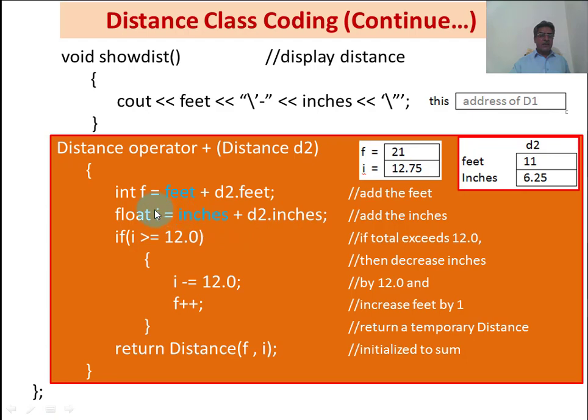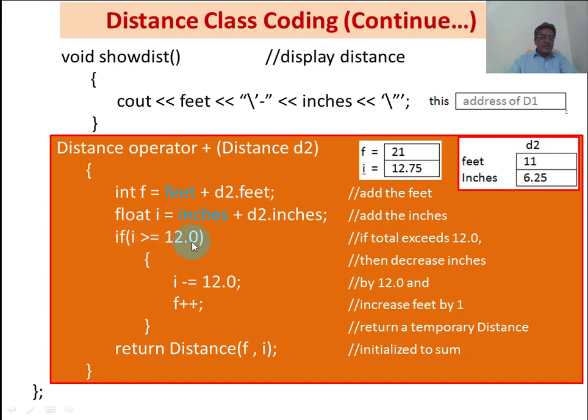So here, after execution of these two lines, the computer will perform the if test condition. It will check whether the value of I is greater than 12 or less than 12. If it is greater than 12, then this block of the if statement will be executed.